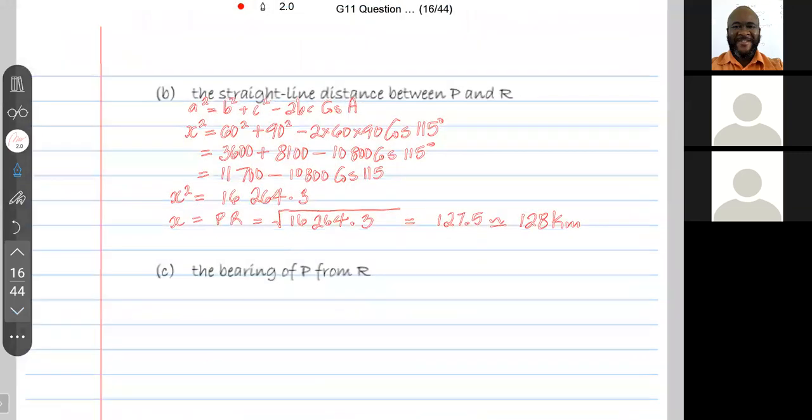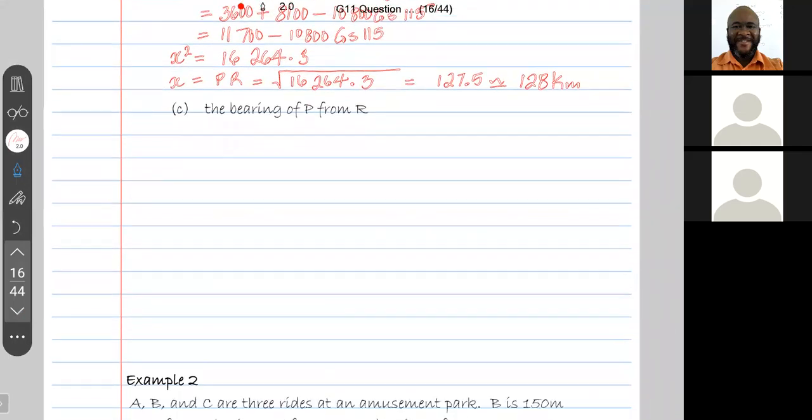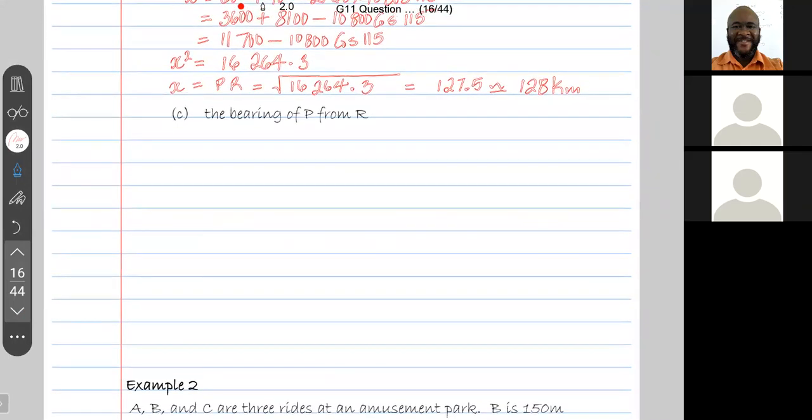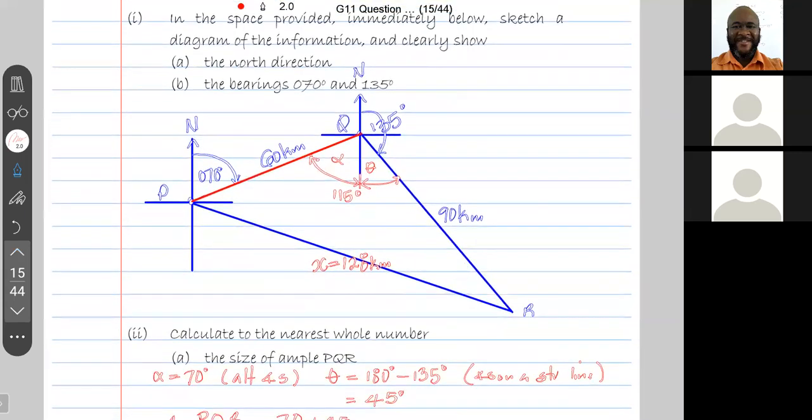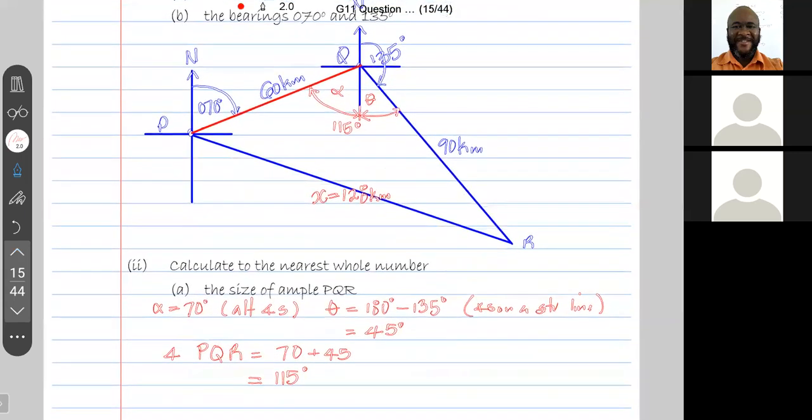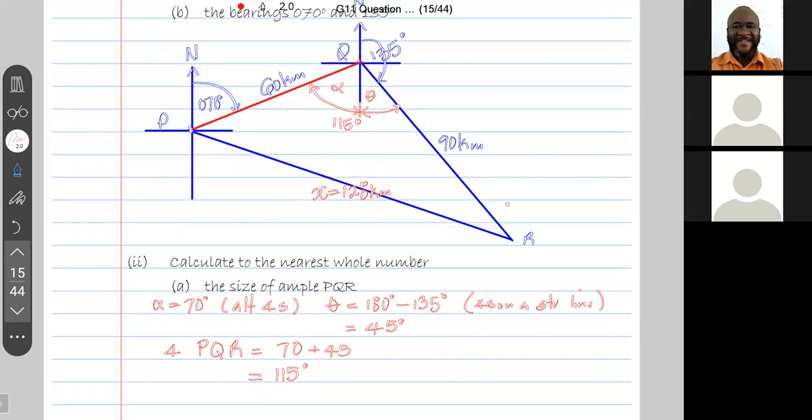Last thing, we're asked to determine the bearing of P from R. Lastly, we are asked to determine the bearing of P from R. So let's put that in our diagram. Since I'm taking the bearing from R, at R, I'm going to draw my north, south, east, west line.